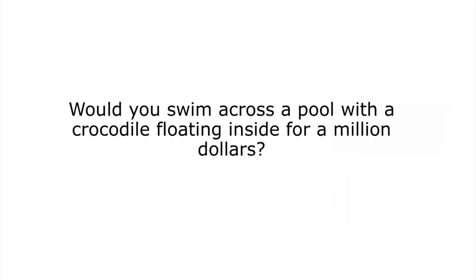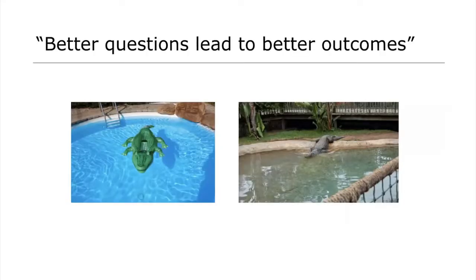So some of y'all immediately say no, but then there's other people that would ask the question, well, is it a real crocodile, right? Does the crocodile have teeth? How big is the pool? Is the crocodile dead or alive? Is it plastic? Better questions lead to better outcomes, and actually not having biases towards certain loan types reduces risk.